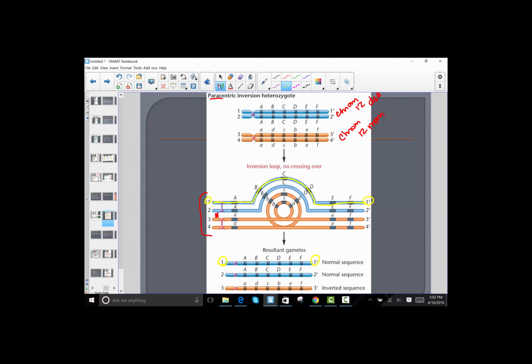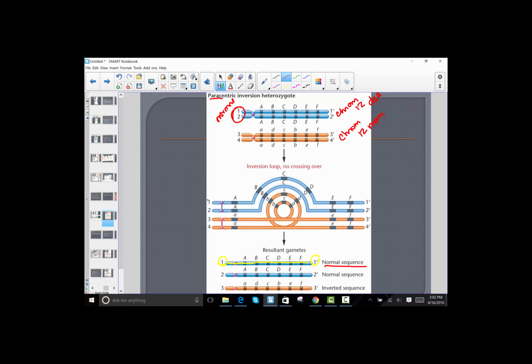So that means that this chromosome 1 to 1 prime is a normal sequence, and there's nothing changed. Okay, because remember, this chromosome up here was not inverted. It is normal. Okay, now let's look at what happens by looking at our other chromosomes here.